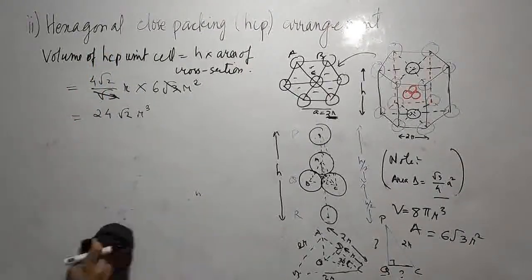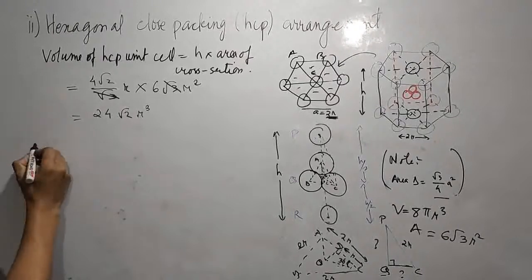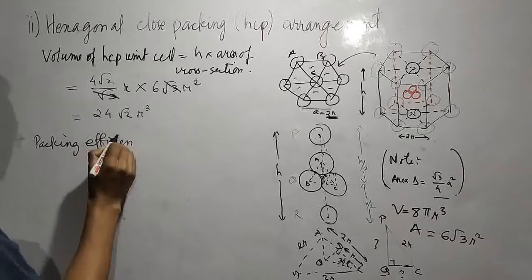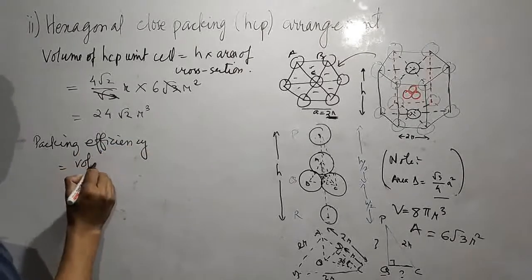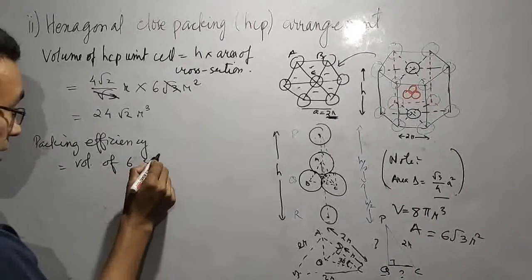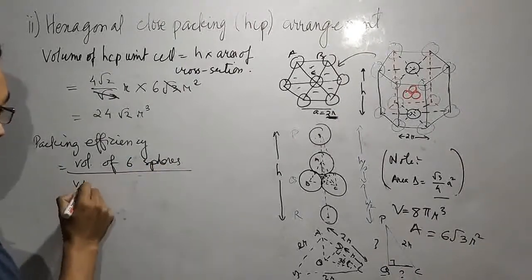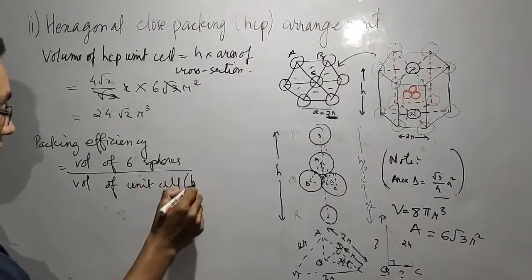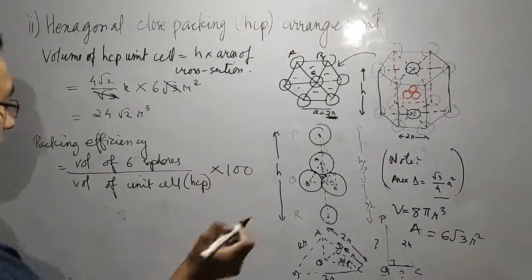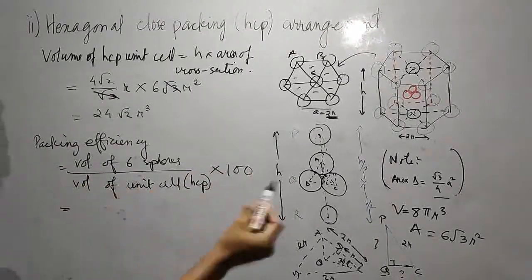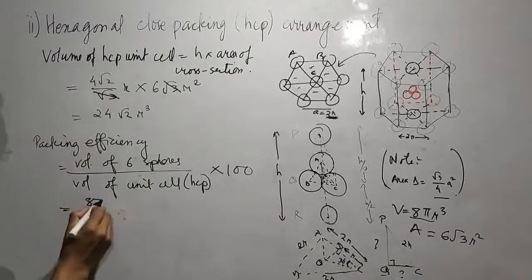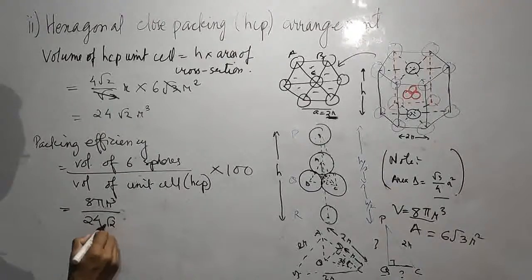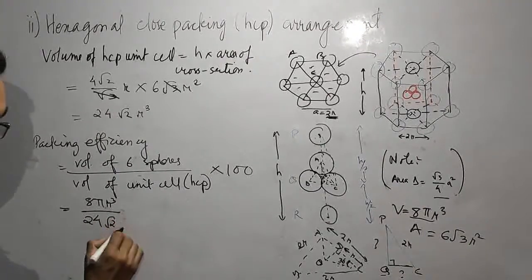Now the next thing we have to find out is packing efficiency. Packing efficiency equals volume of 6 spheres divided by volume of unit cell, and that unit cell is in HCP, multiplied by 100. So the volume of 6 spheres is 8 pi r cube, and the volume of the unit cell is 24 root 2 r cube.